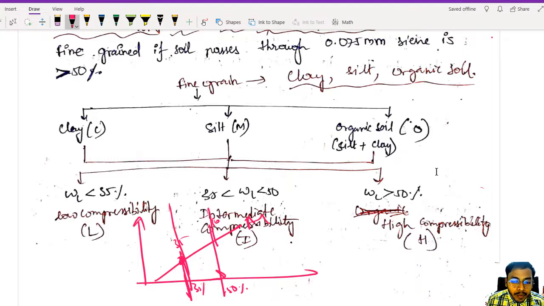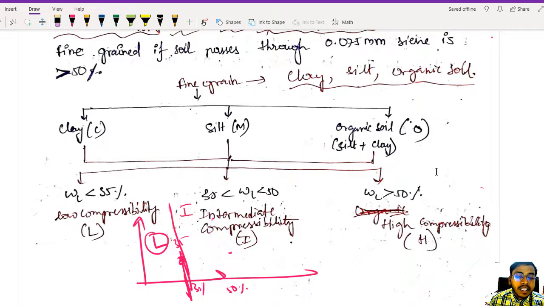Below 35%, we will be calling it low compressibility, represented by L. In between 35 to 50 liquid limit, we are classifying it as intermediate or medium compressibility, represented by I. Above 50 we are representing it by high compressibility, H.